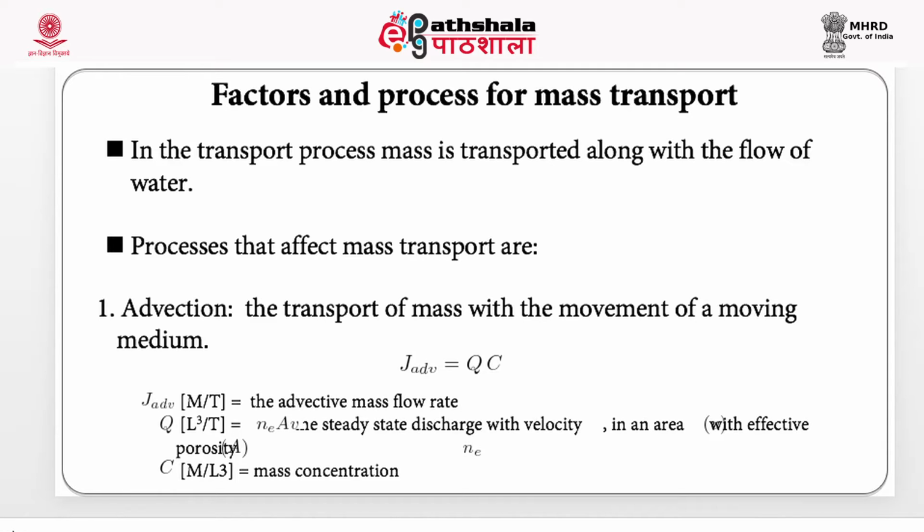The first one is called advection. Advection is the transport of mass with the movement of the moving medium. That is, water is thoroughly being moved along the flow. This can be mathematically defined as the advective mass flow rate, J_ADV equals QC, where Q is the discharge and equals A times V, or area times the velocity.